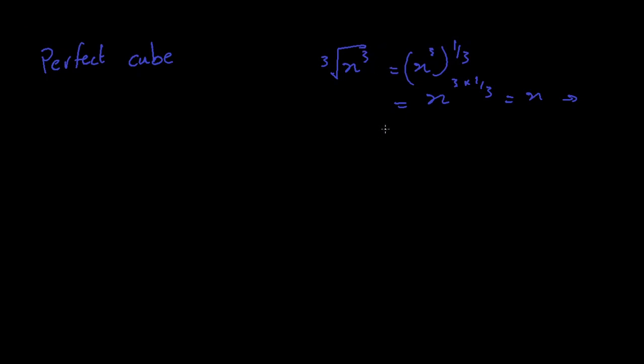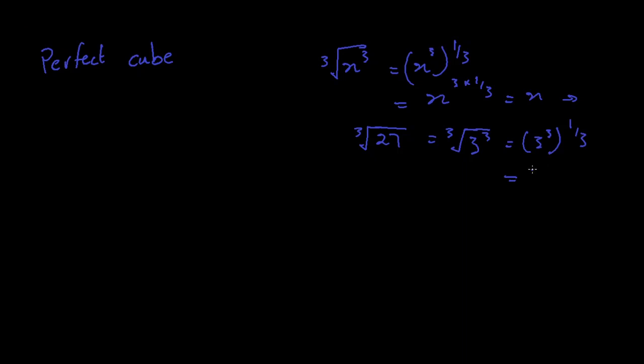Another example would be 27. This is a perfect cube. If you plug this into your calculator, it's going to give you 3. Or you can also work it out manually. So it's 3 to the power 3. Then it's 3 to the power 3, all to the power 1/3.